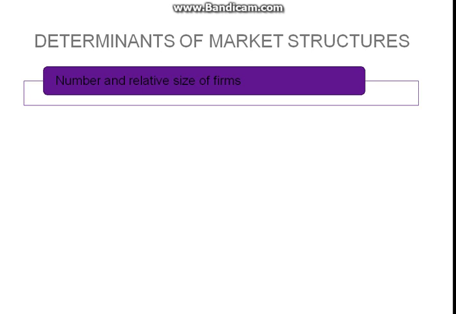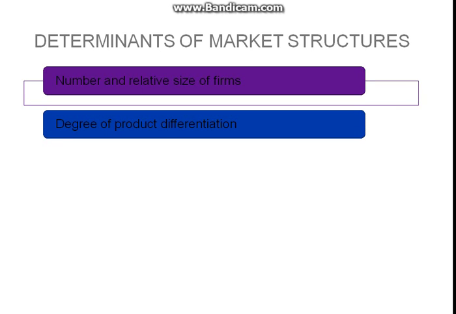Second one is the degree of product differentiation. If there are more differentiated products, then firms have some control over price. But if the consumer is unable to differentiate easily, there will be more competition among the firms, so they have less control over price.